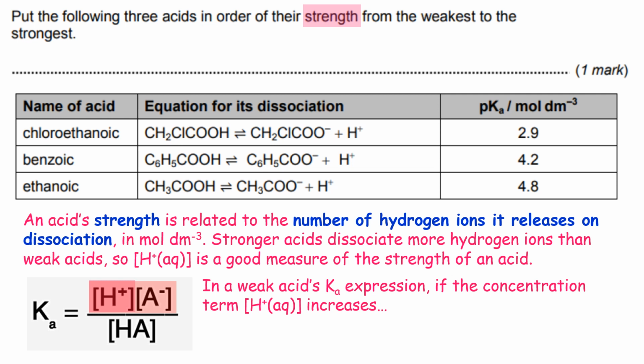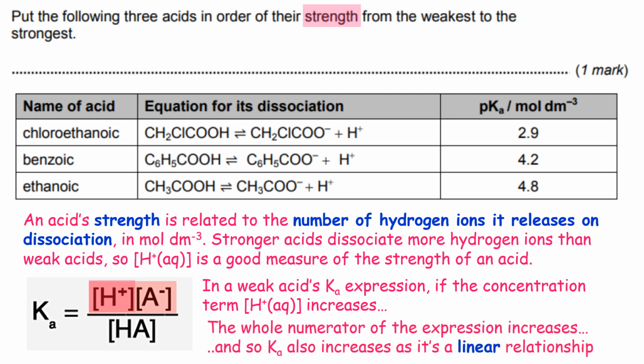So you would expect also that at the same time the concentration of A minus will go up because they're released at the same time as each other. This would mean that the numerator in the expression increases. So therefore the relationship between Ka and hydrogen ion concentration is linear. As one goes up, so does the other.